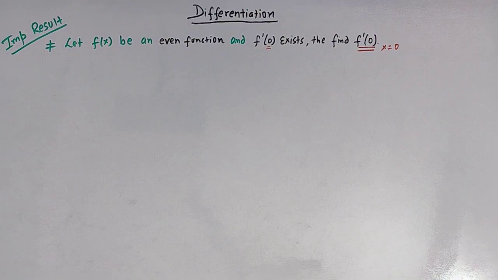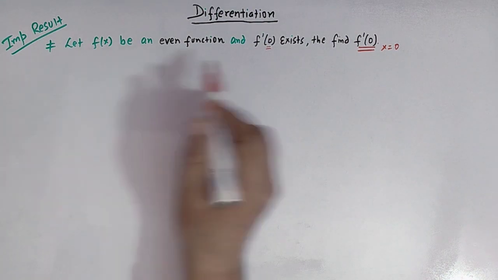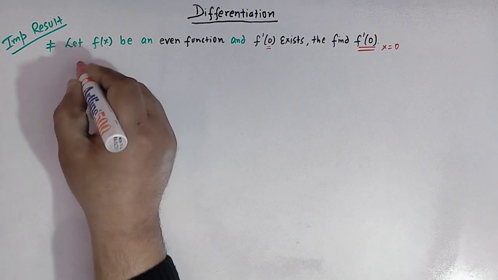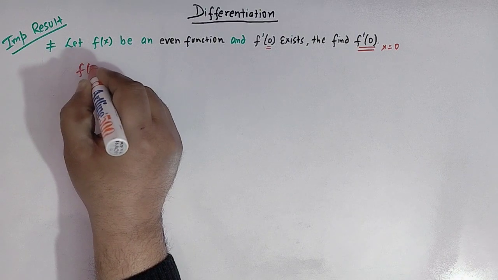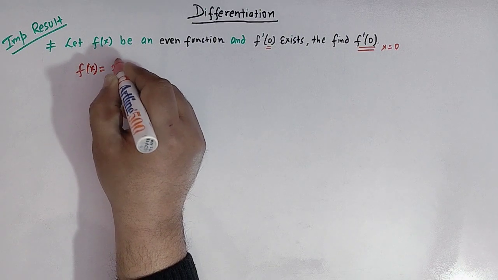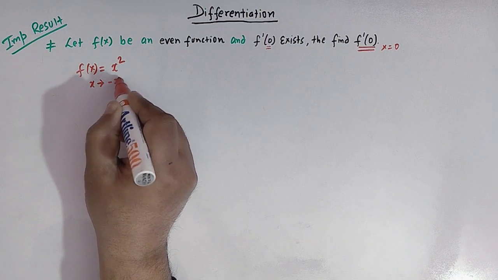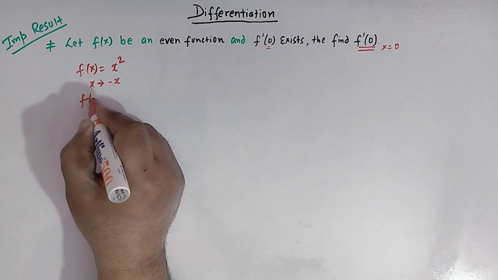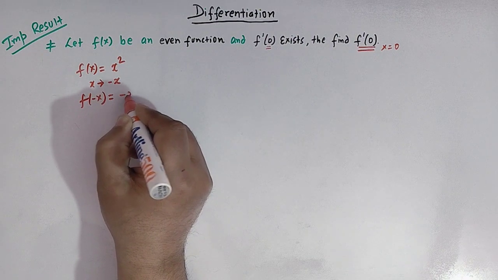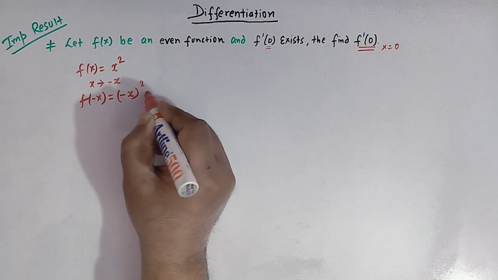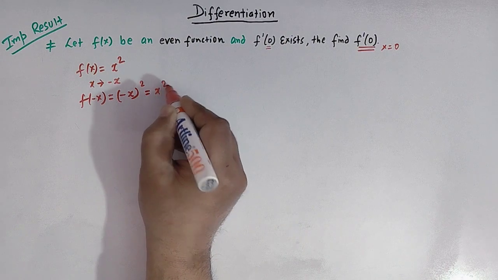So let us first take a few examples to see what this statement is saying. Suppose we have a function, say f of x is equal to x square. Now, if we replace x by minus x, then what will happen? We'll get f of minus x as minus x square, and it is x square.